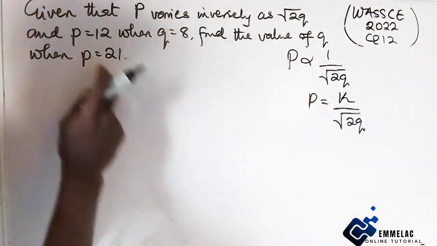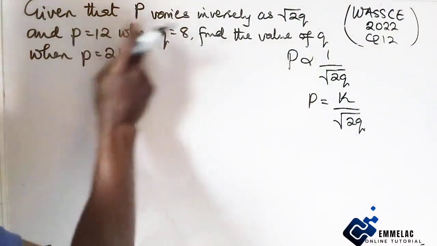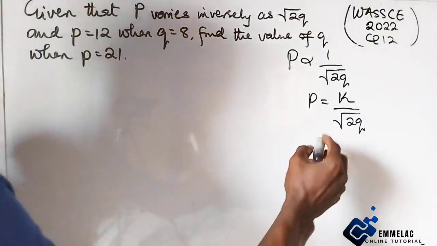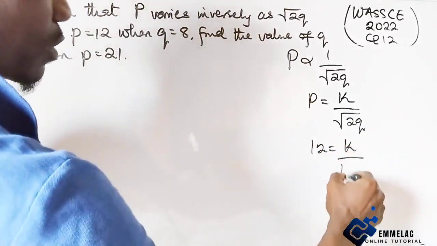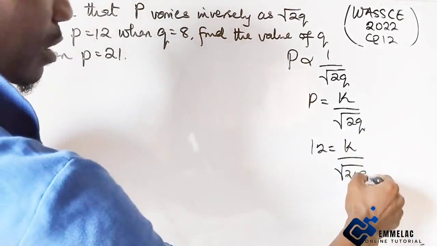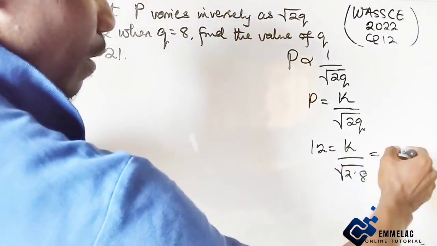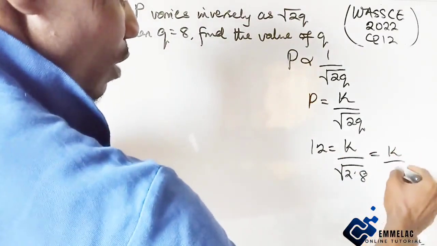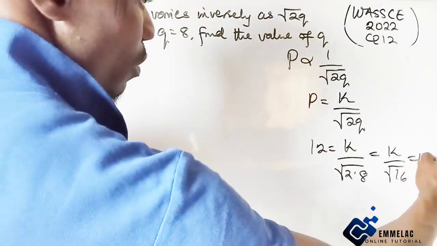Now, since we've gotten our constant and the two variables, let us find the value of our constant since we are given the value of P and the value of q. So let us put this in. Here we have 12 equals k over the square root of 2 times 8. This gives us k over the square root of 16 equals 12.